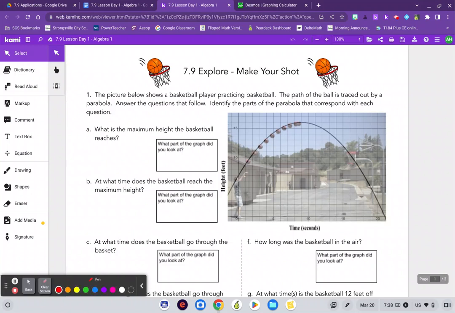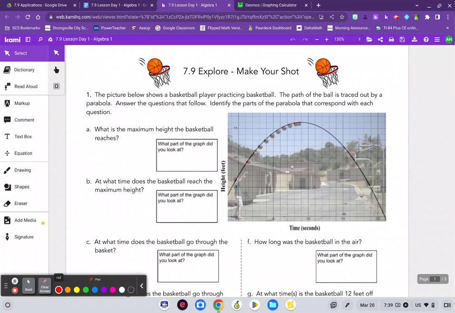The first question says, what is the maximum height of the basketball? When I look at this curve, I have this upside down parabola that traces out like this. I apologize, I'm going to clear that screen. I'm looking for the maximum height.